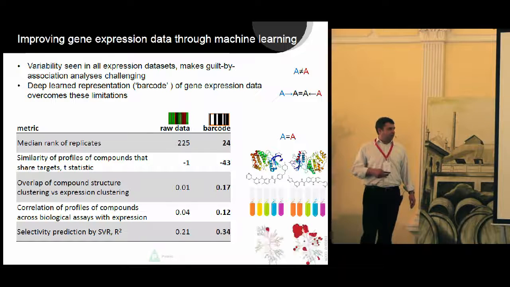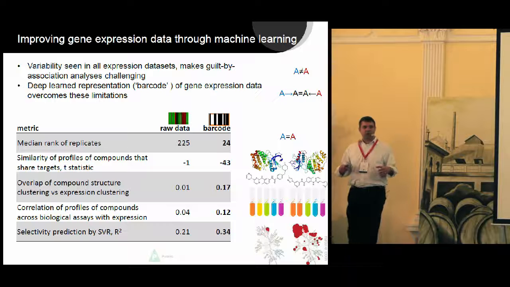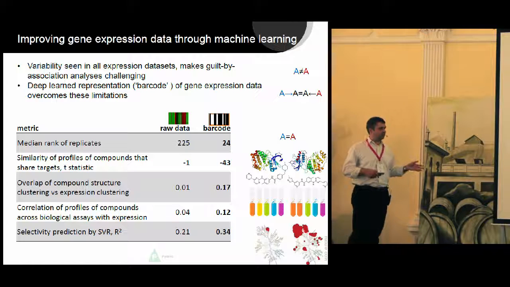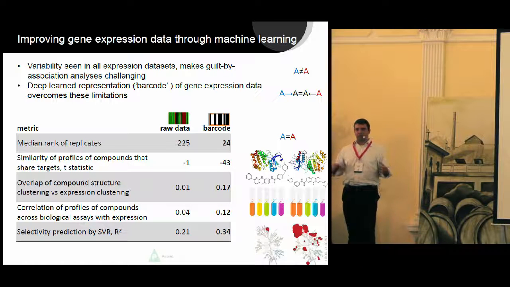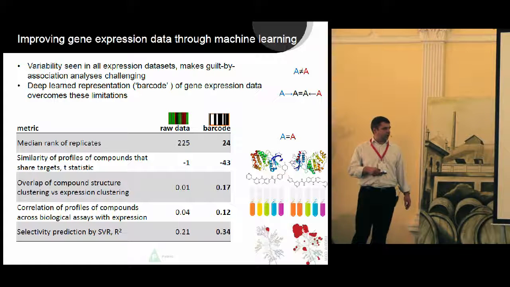And finally, what was a little bit surprising is that you can actually predict large-scale properties of the cells better with the barcode data. So if you build a predictive model, a support vector regression model, that tries to predict how promiscuous compounds are. So here you can have compounds that are very specific. They only hit one target, as indicated by the red dot here, or you can have compounds that are very promiscuous, hit lots of targets.